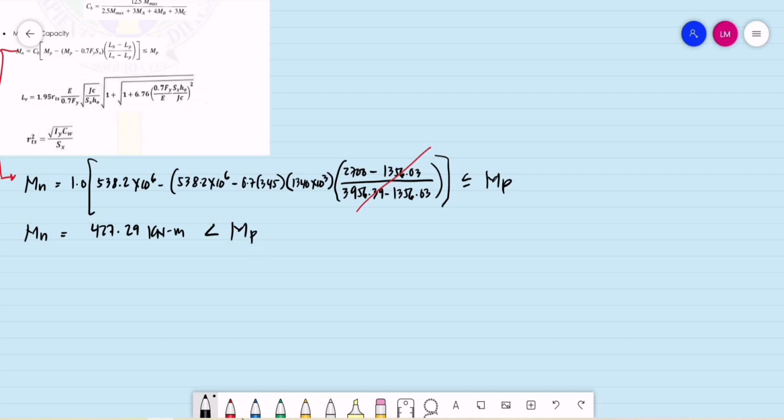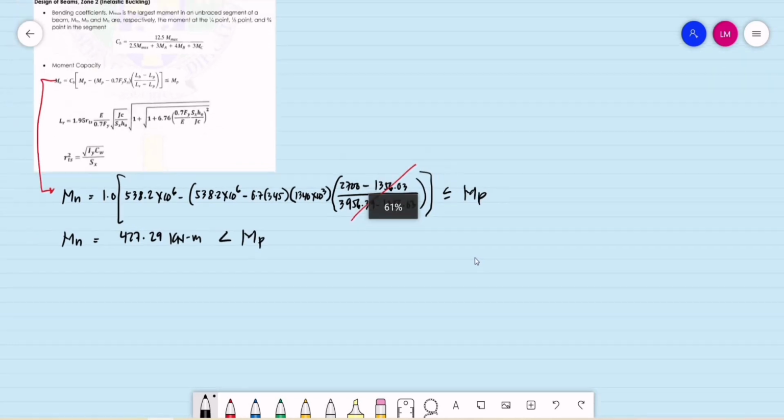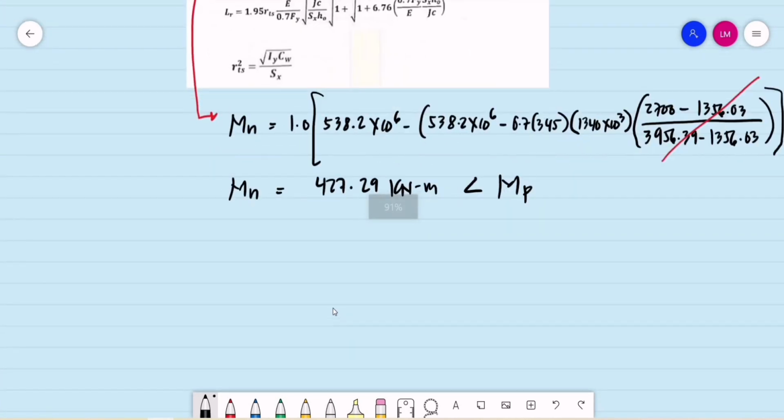So if we are computing for the design flexural strength, M sub u will be equal to the reduction factor multiplied by M sub n, which is 0.90 multiplied by 427.29.